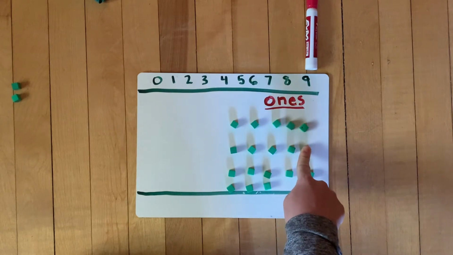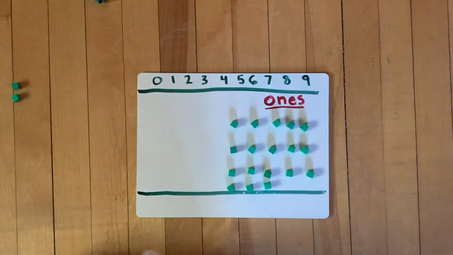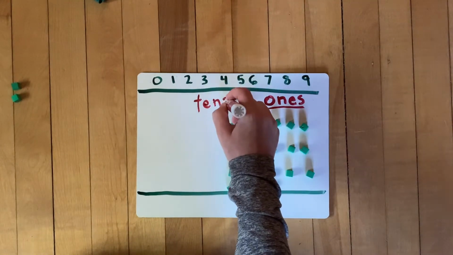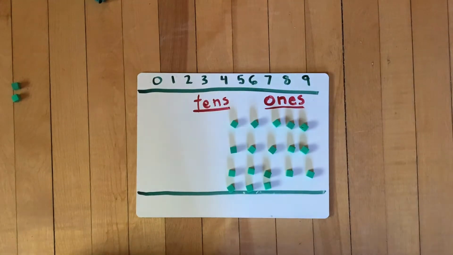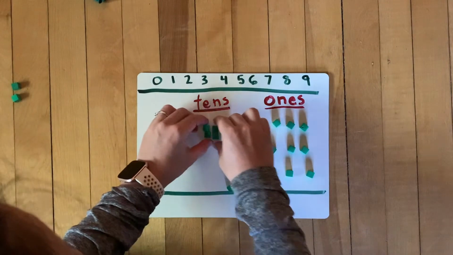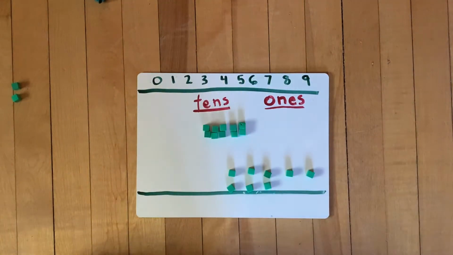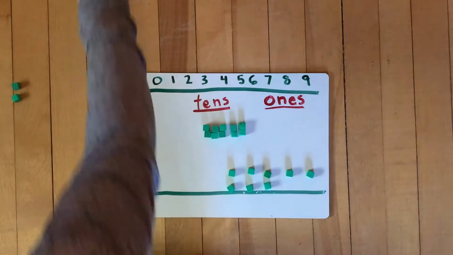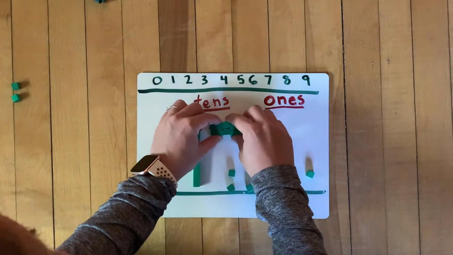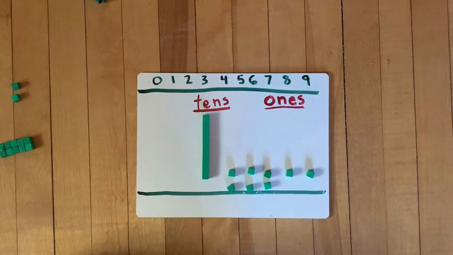This time, I'm going to start putting them into groups. Every time I get 10 salmon, I'm going to bunch them together and put them in their own little tank or cup. 10 ones now becomes 1 ten.